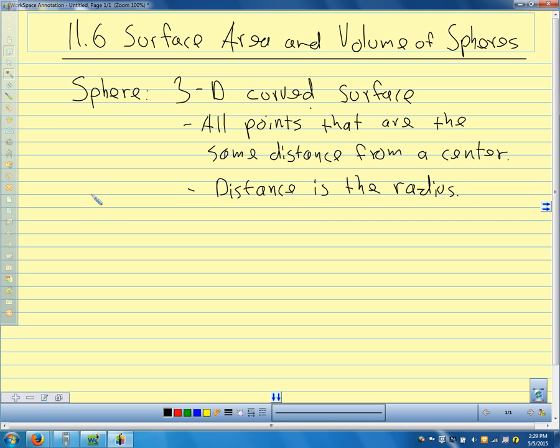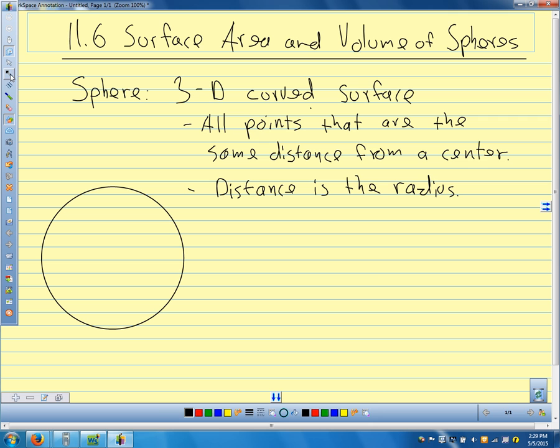So the way we usually draw a sphere is if we start with a circle, and then you can make it kind of around, like so.